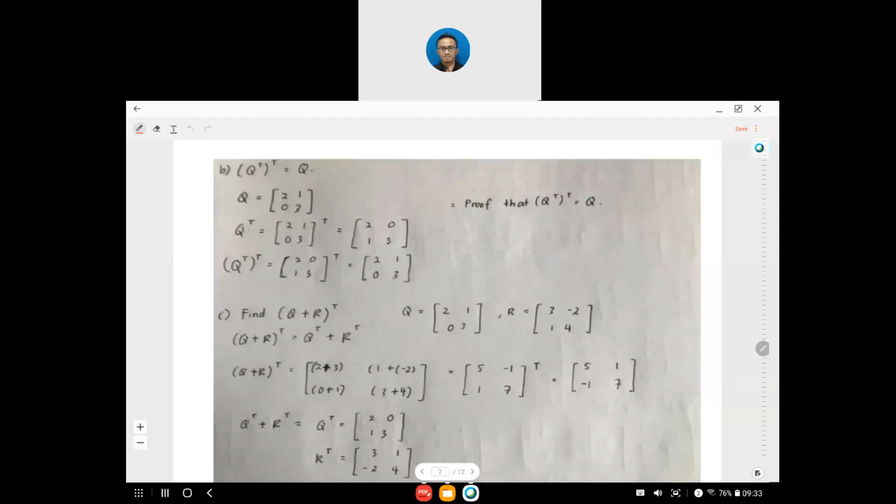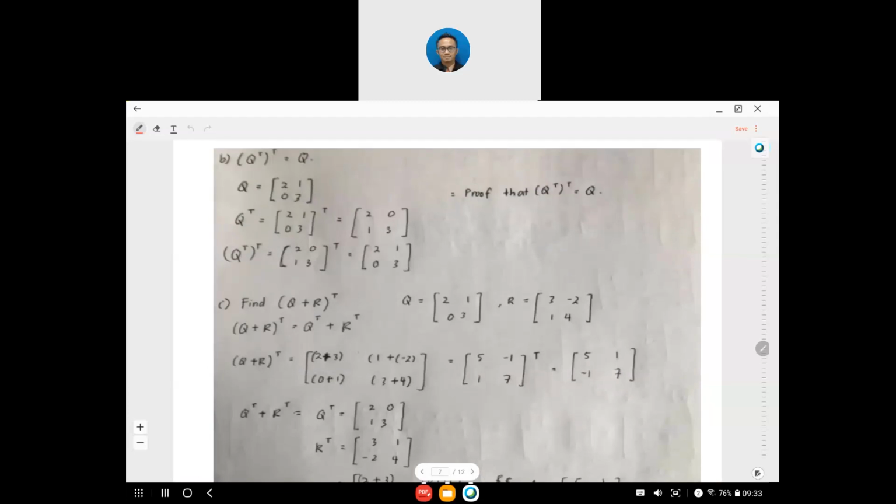Question B. Show that Q transpose equal to Q. So this one, you must show that Q transpose equal to Q. So Q equal to 2103. Q transpose equal to 2013.